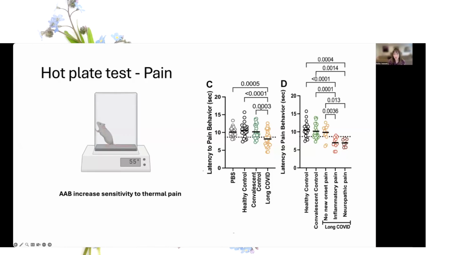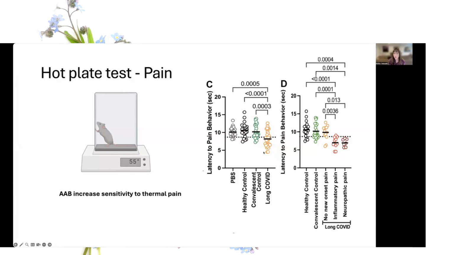But IgG isolated from long COVID patients really makes this latency to pain behavior much faster, meaning that these animals are hypersensitive to thermal pain. And some of the animals actually react in less than 5 seconds.